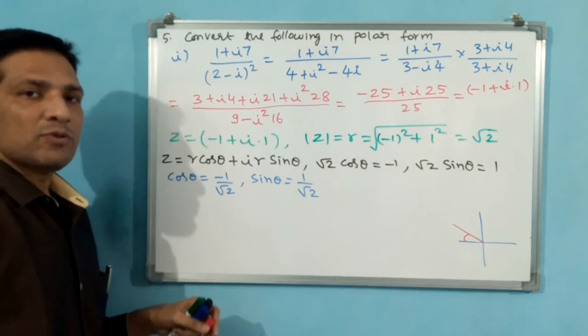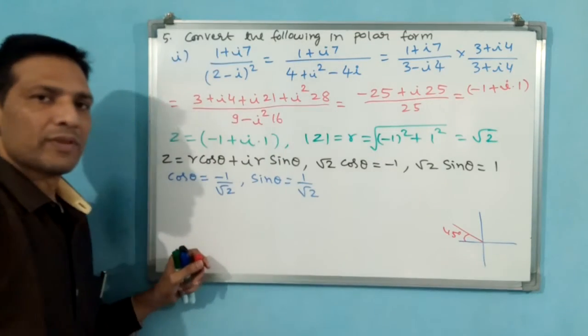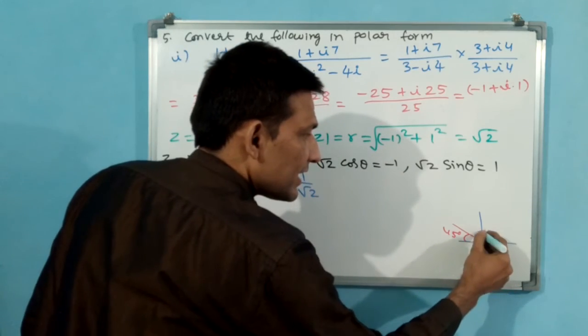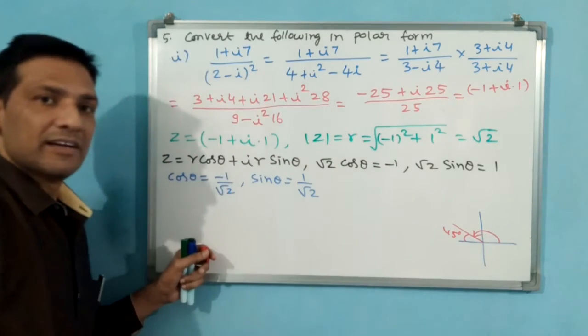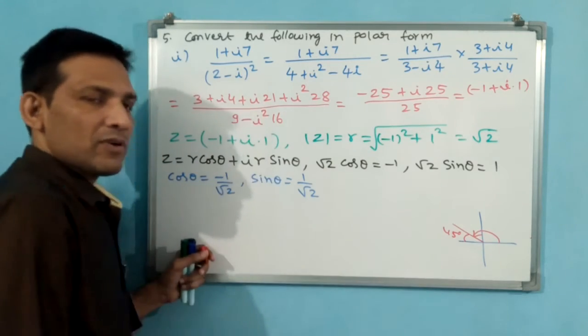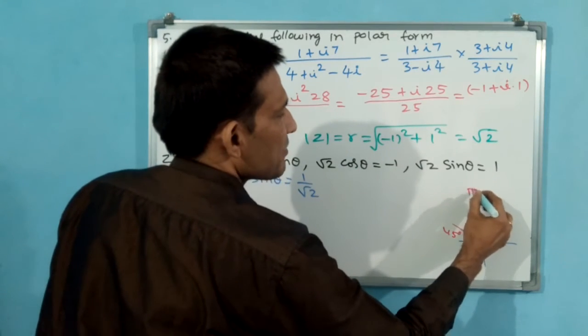And where is 1 by root 2? 45 degree. Write down 45 degree. But how to take theta? Theta is this one. How to write that? 180 minus 45 or 90 plus 45. Both are correct. I am taking 90 plus 45.